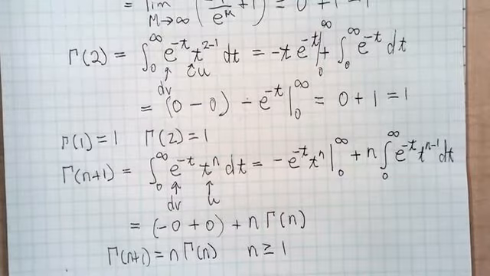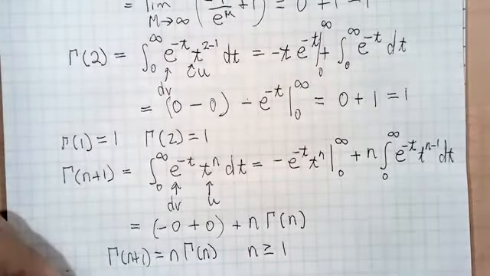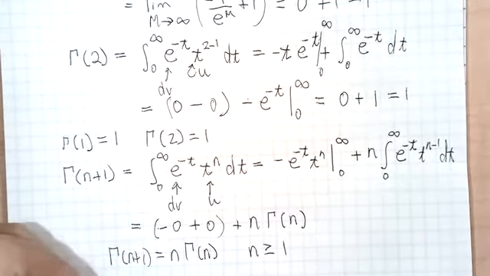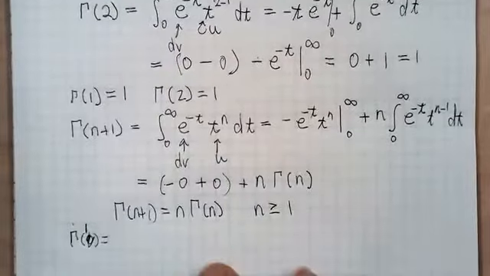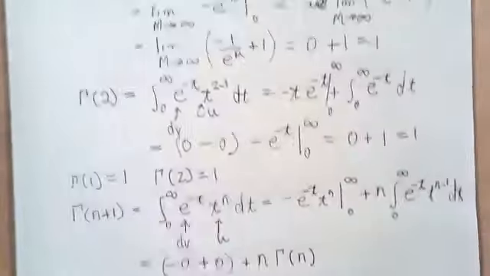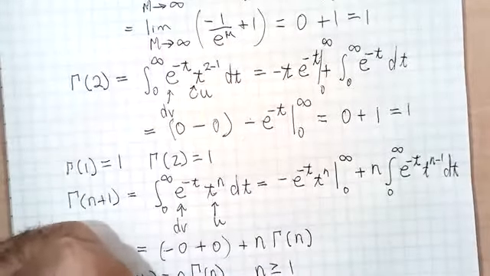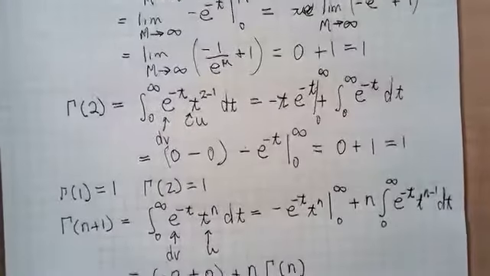Okay, well, I know, because I already calculated it, gamma of 1. We computed that way back here. Gamma 1, and down at the end of the calculation, we got 1. And we also did this one. Gamma of 2, we computed that one.